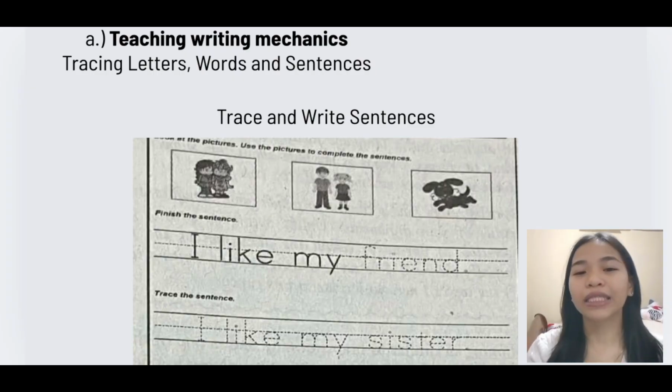It also helps us build confidence. Successfully completing tracing exercises can build a child's confidence in their ability to write and learn. As students who went through kinder, it really helps us build our confidence.